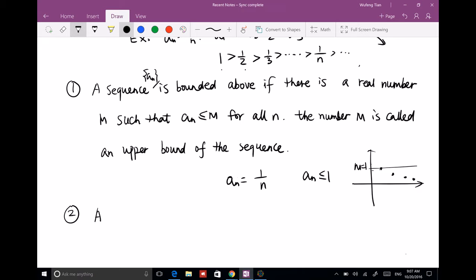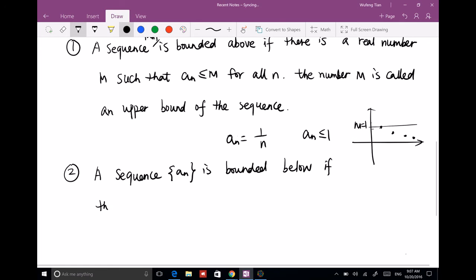In the same way, a sequence AN is bounded below if there is a real number N such that N is less than or equal to AN for all n.